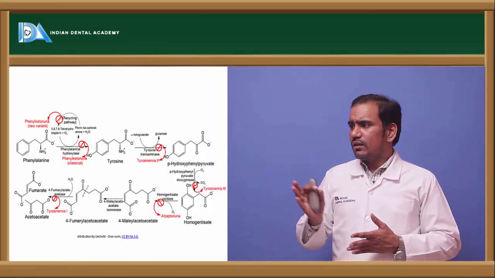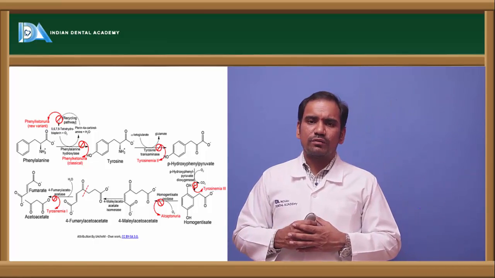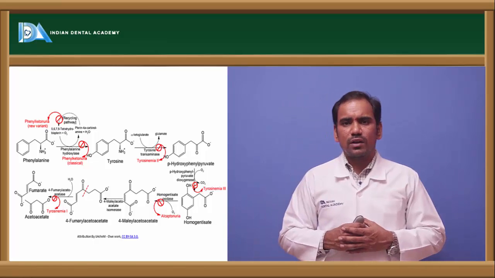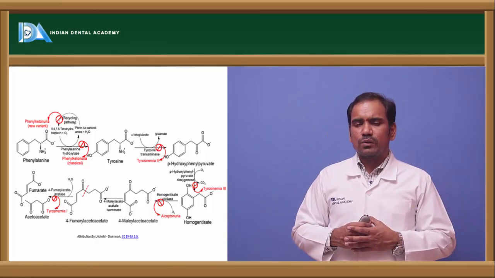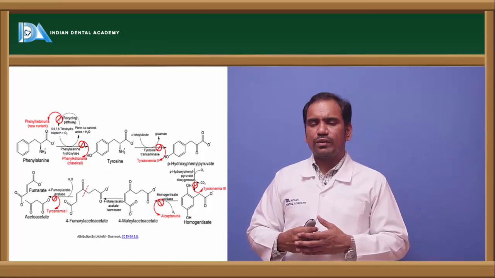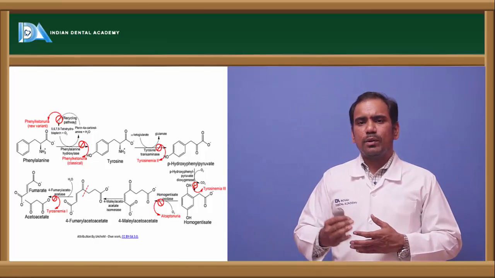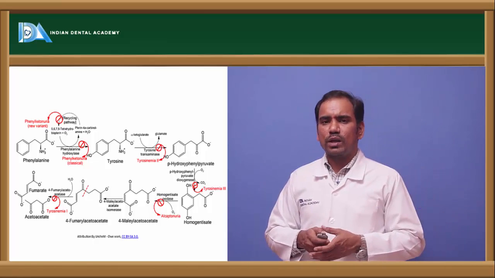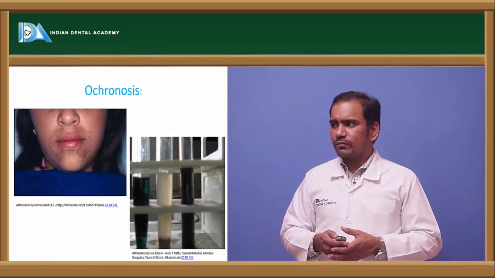And alkaptonuria is because of deficiency of the enzyme homogentisate oxidase. So each enzyme in the metabolism of phenylalanine and tyrosine leads to a particular type of inborn error of amino acid metabolism.